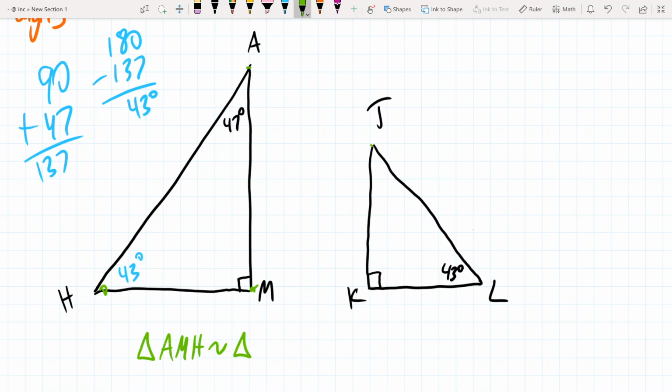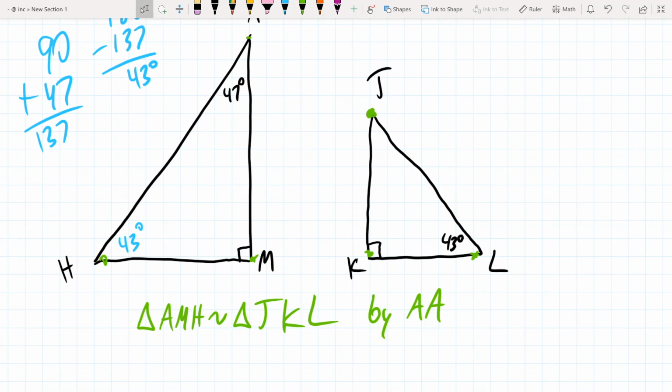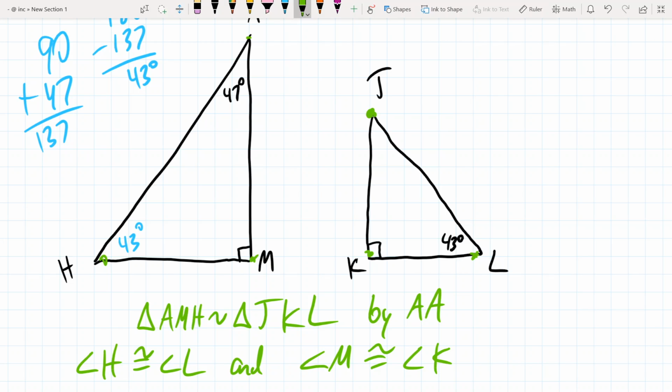So on this one, this is going to be the 47 because it's the one we don't know. So J, there's the 90, K, and there's the 43, L. So you could say they're similar by angle, angle, or angle, angle similarity. And to justify why that is, you could say that angle H is congruent to angle L, and angle M is congruent to angle K.